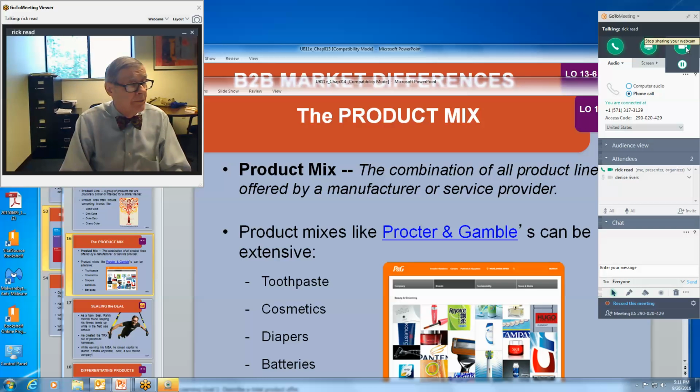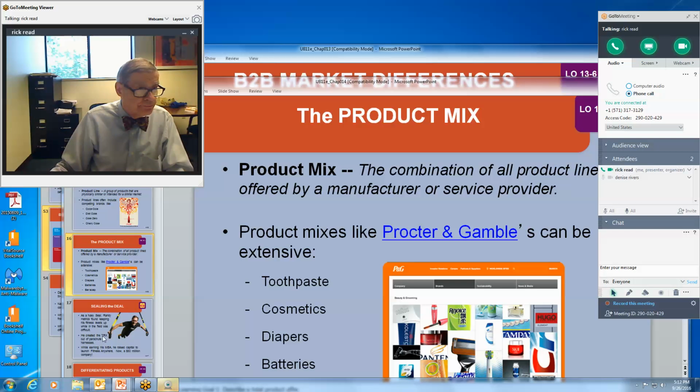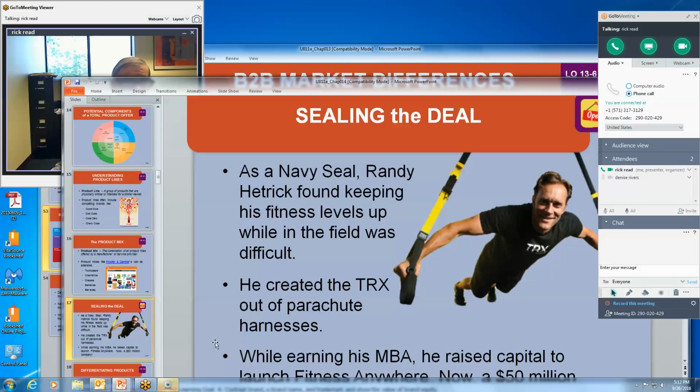You can buy toothpaste made by them, cosmetics, diapers, batteries, etc. Interestingly enough, Procter & Gamble has been shedding some products, so you may not be able to buy all of those things, but certainly you may buy laundry detergent, shampoo, and things of that nature that they still do make. So that's the difference between a product line and a product mix.